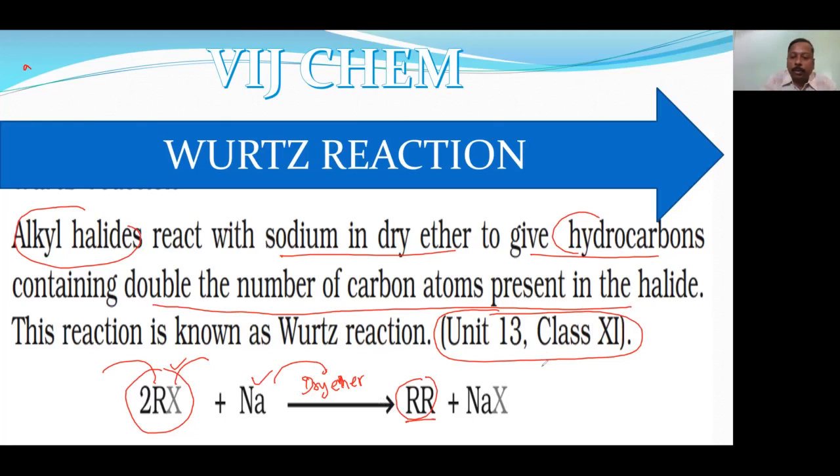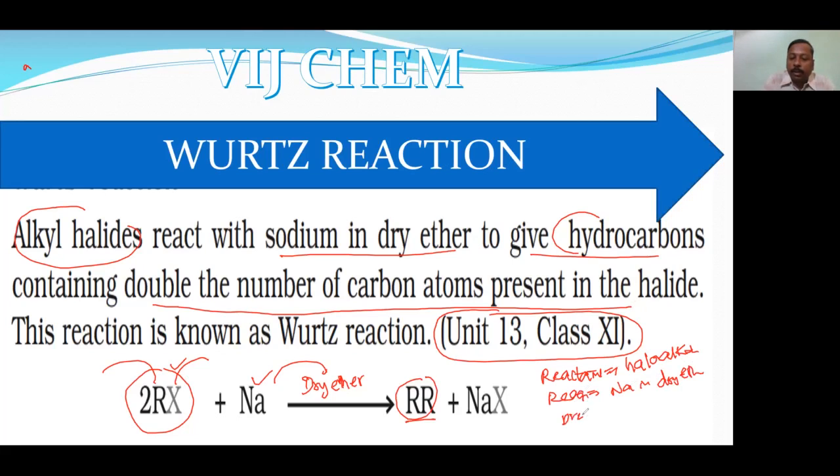Okay. So now let us make the juice out of it. What is the reactant? The haloalkane is the reactant. And what is the reagent? Sodium in dry ether is the reagent.